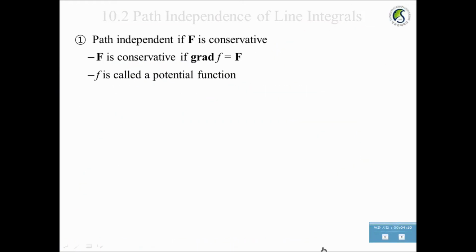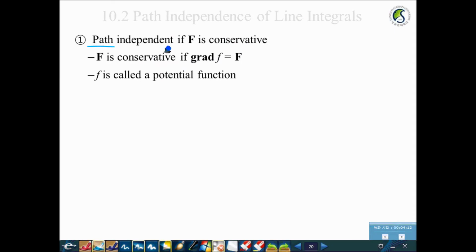The first one: the line integral is path independent if F is conservative. What is conservative? The mathematical definition is this: the gradient of a scalar function f is the vector field. You can easily interpret this: del f is df over dx, df over dy.